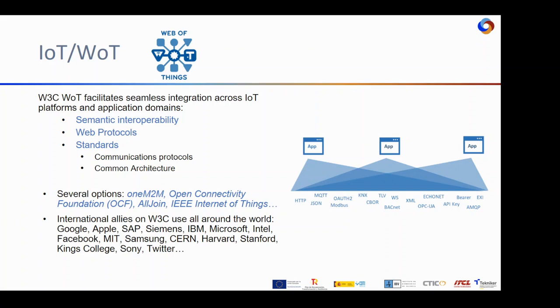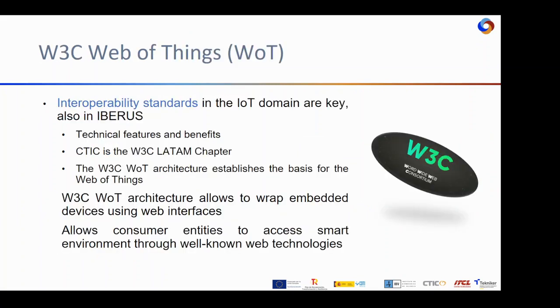As already mentioned, interoperability standards in the IoT domain are fundamental to enable communication in an effective way between the services and components of the IBERUS network of excellence. Based on the benefits seen previously, the W3C Web of Things protocol has been the one chosen in IBERUS, both for its technical features and benefits and for the fact that CTIC is the W3C Latin chapter, thus having a relevant international position and a deep knowledge of this standard that facilitate its use and deployment.